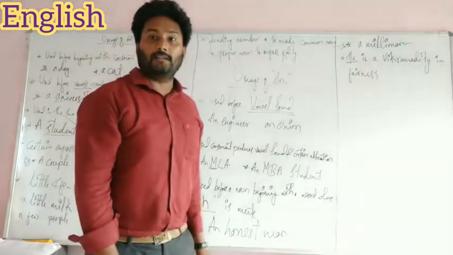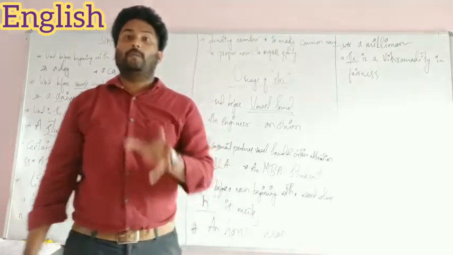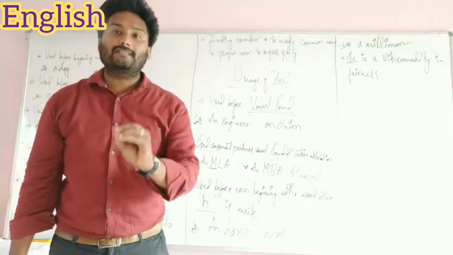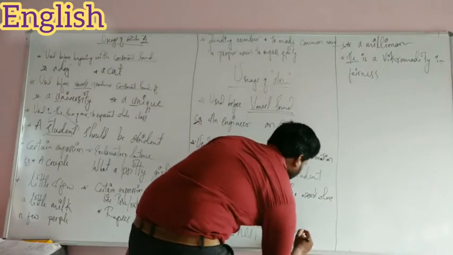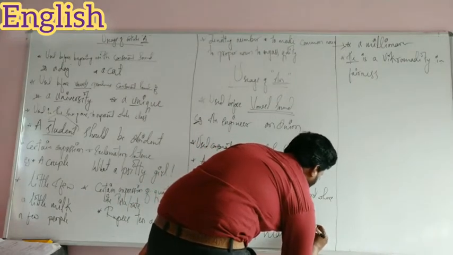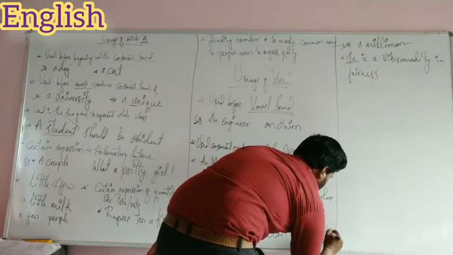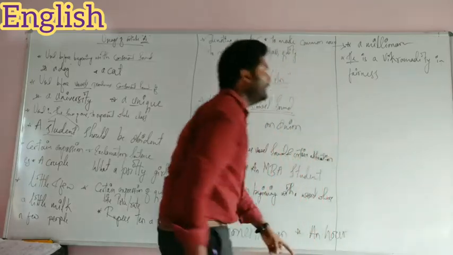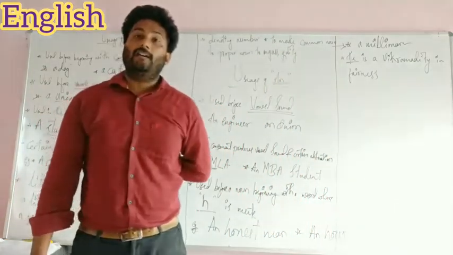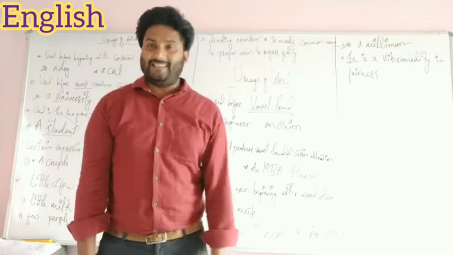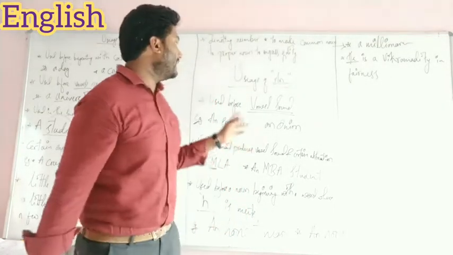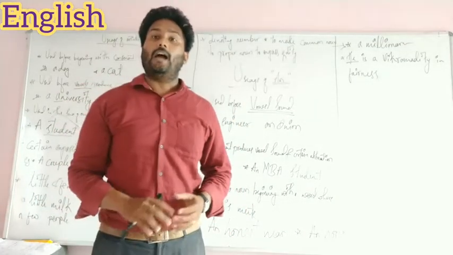An honest ಅಲ್ಲ, it should be pronounced as 'onest man. And another example, an hour. An hour, it's not 'hour', it's 'our'. And these are the usages of the indefinite article an.